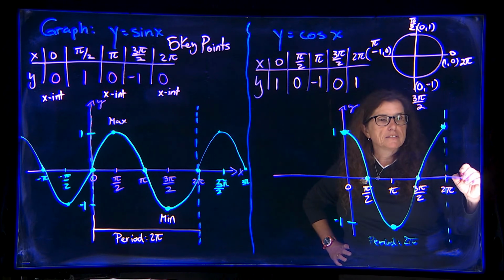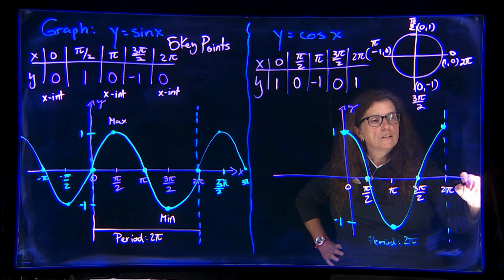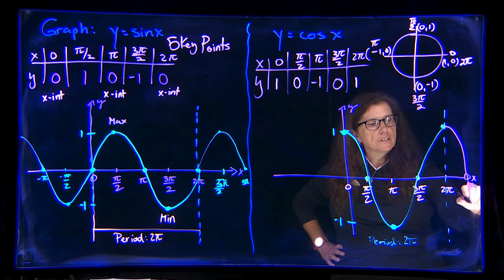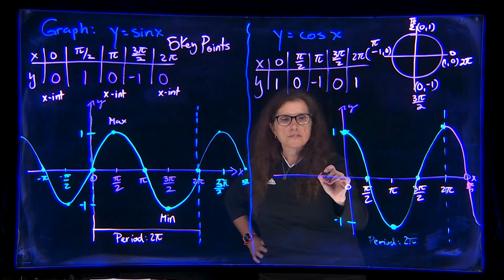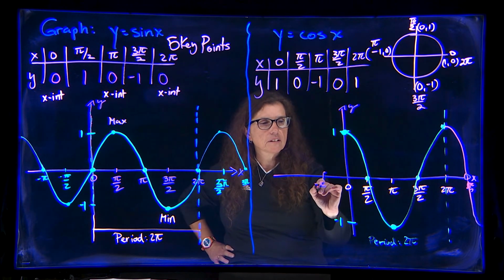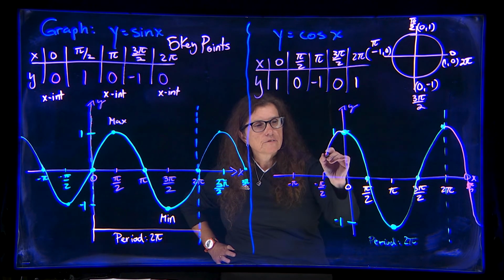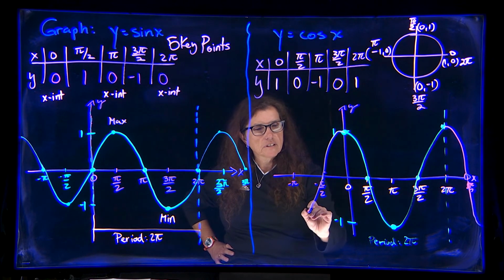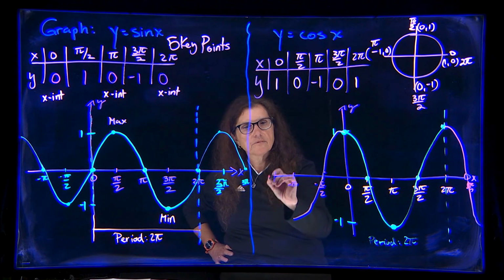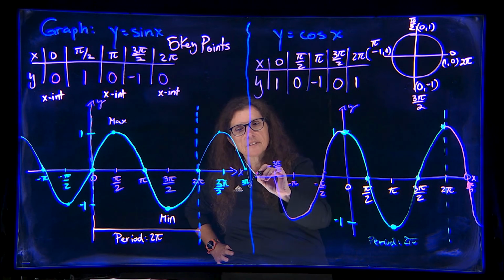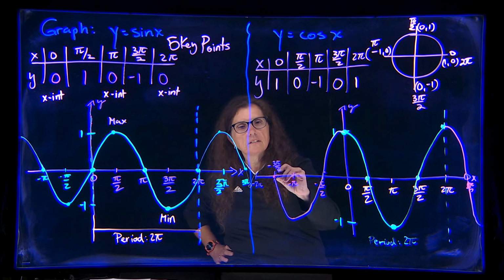If we add another pi, then 5 pi over 2, then again we would go to 0, and then further down. The same on the left-hand side: negative pi over 2, negative pi. We go through 0, we go further down to negative 1, and then we have negative 3 pi over 2. And then we have negative 2 pi.